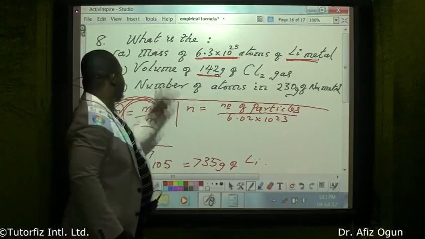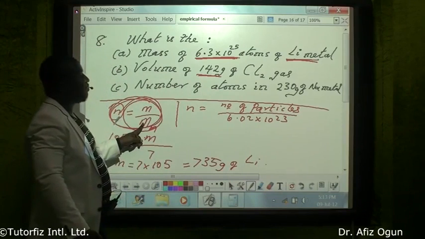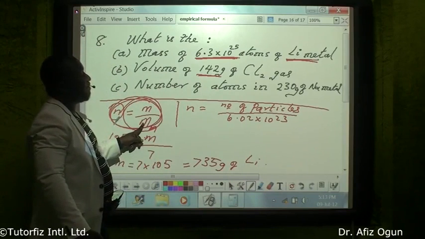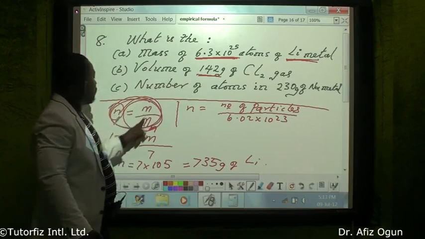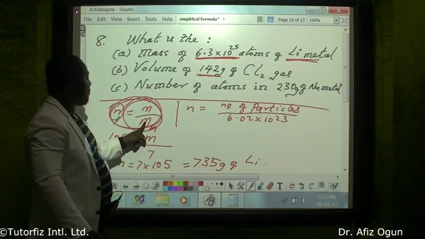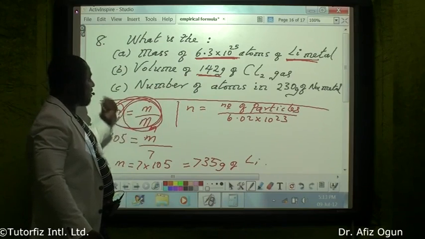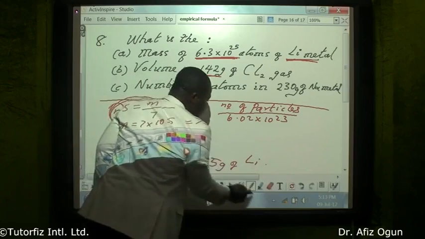You know the mass, and molar mass of Cl2 is 35.5 times 2. Put it here. Cross multiply. You now get the number of mole. You know the mass. You know the molar mass, 35.5 multiplied by 2.